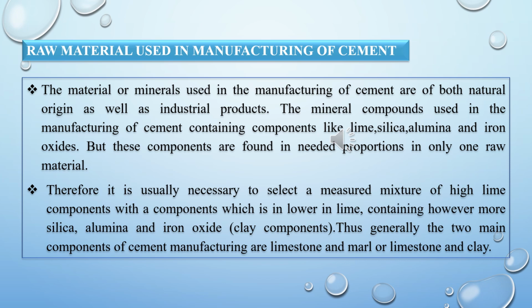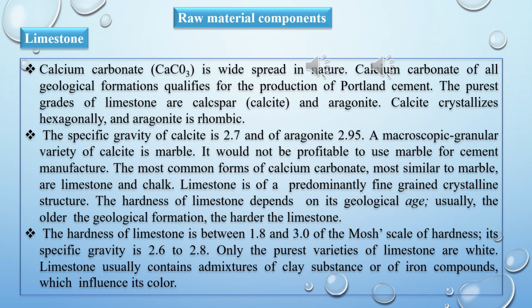Those are limestone or marl, or the limestone or the clay. Students, as we have discussed, there are two major raw materials which meet those conditions which are necessary for the production of cement. Those were limestone or the clay, limestone or the marl.